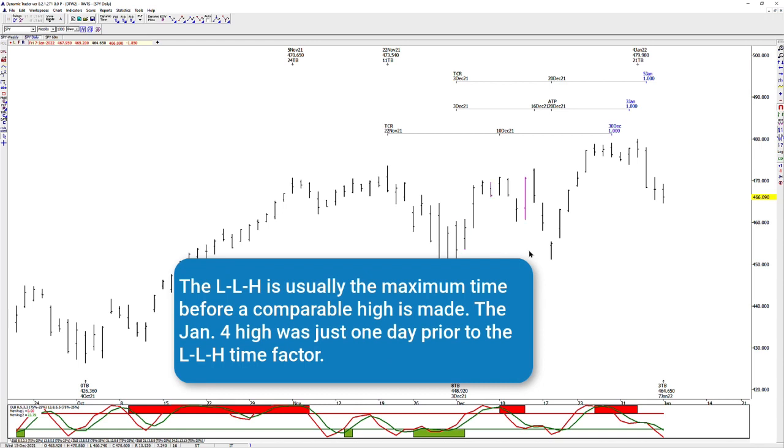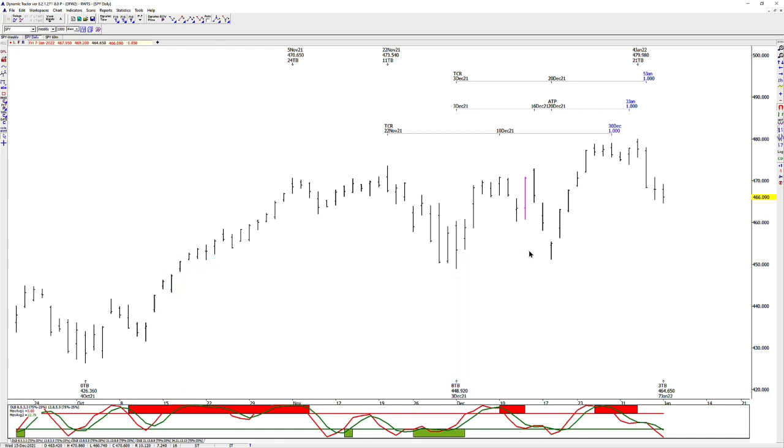A low to high usually identifies what will be the maximum time before a high is made. So the high today was made on January 4th, just one trading day prior to the January 5th trading day. So we had a lot of information here right around this late December, early January time that would be at least a weekly high and potentially even a higher time frame high.